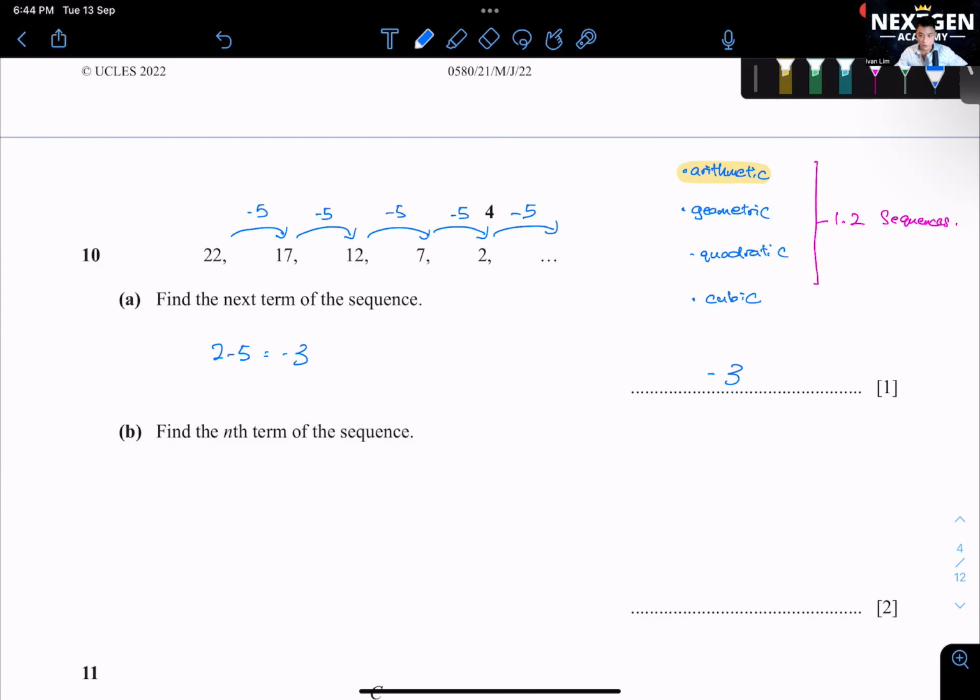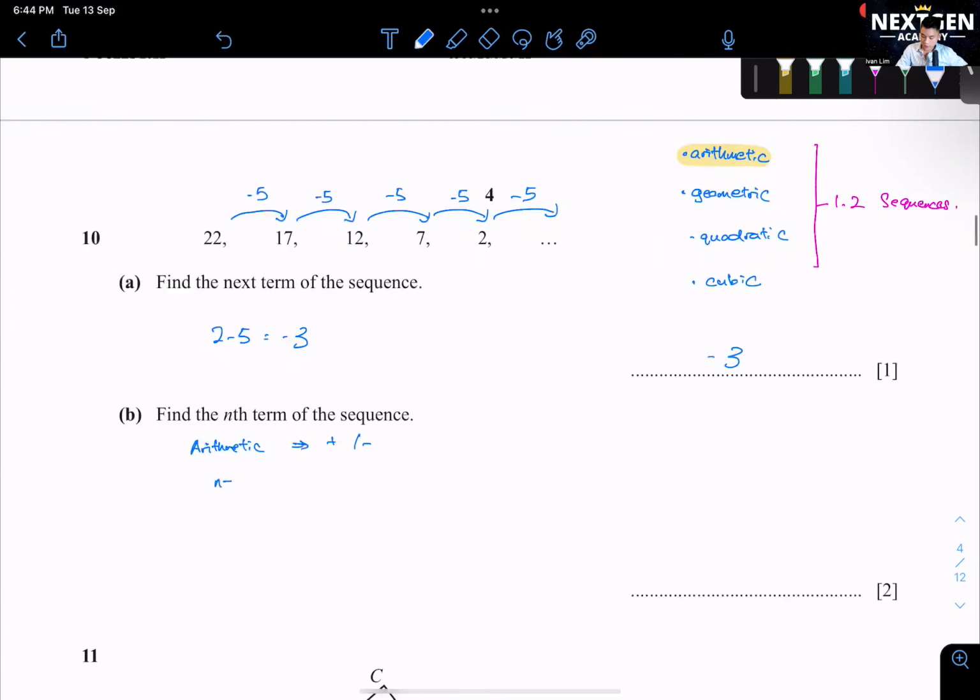Why do we want to determine whether it's arithmetic, geometric, quadratic, or cubic? You're going to watch back the video because this particular question has been coming out. So you need to know all 4 methods to find the n-th term of the sequence. Because it's an arithmetic sequence, which is a plus or minus a value, to find the n-th term, you need to remember this formula: a plus (n minus 1)d. a is your first term, d is your common difference.